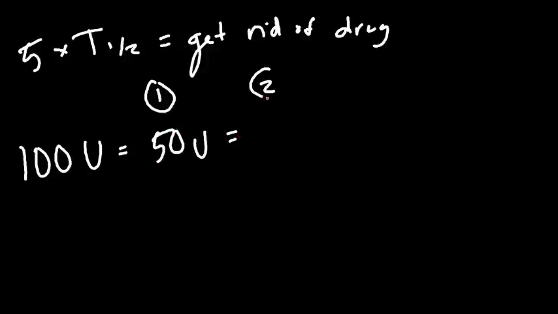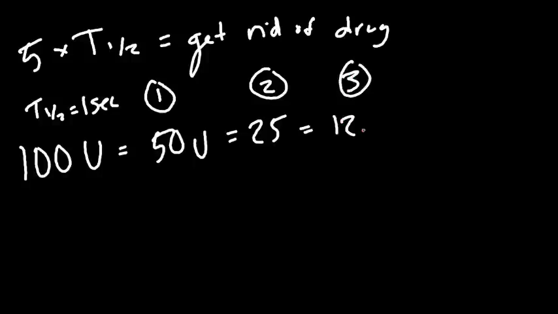1 more second goes by, because we're just assuming that T half-life is 1 second. If we're assuming it takes only 1 second for a drug to halve, after 1 second, you'll be at 50 units. After 2, you'll be at 25. After 3, we'll be at 12.5. After 4, we'll be at 6.25.